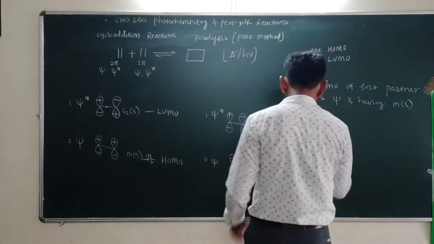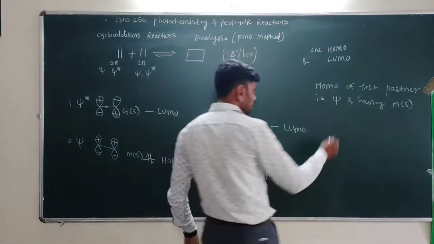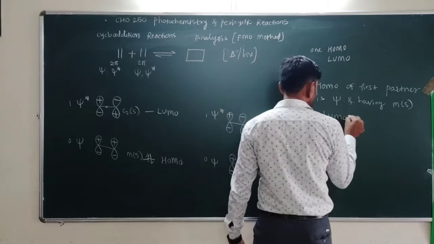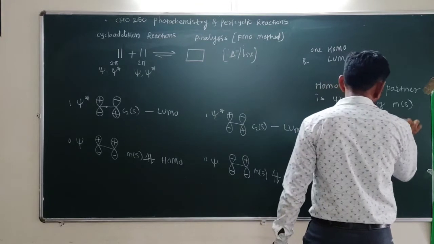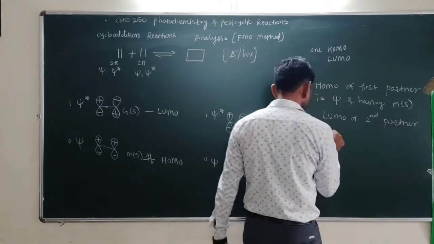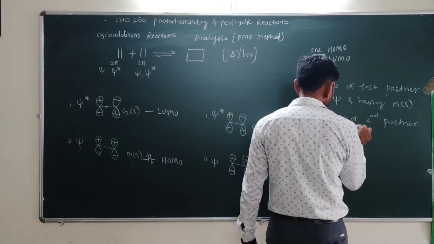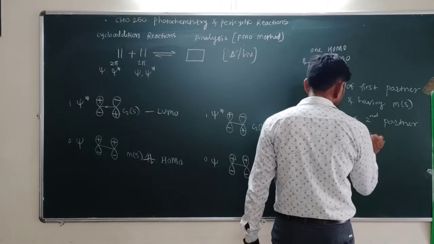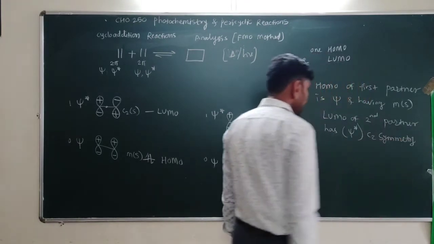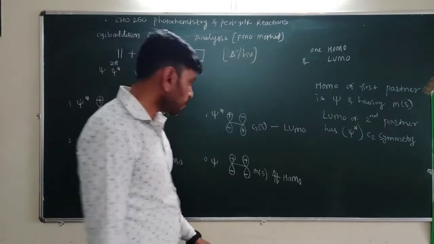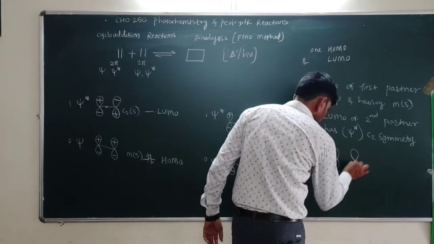Now we have to consider the LUMO. The LUMO of the second partner is psi star, having C2 symmetry. Okay. Let's see here the HOMO. So psi we are taking as the HOMO of the first partner. This is the HOMO of the first partner.